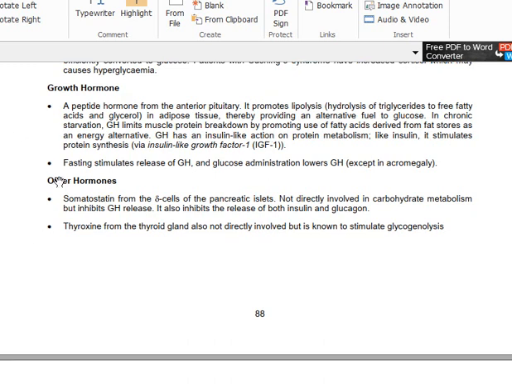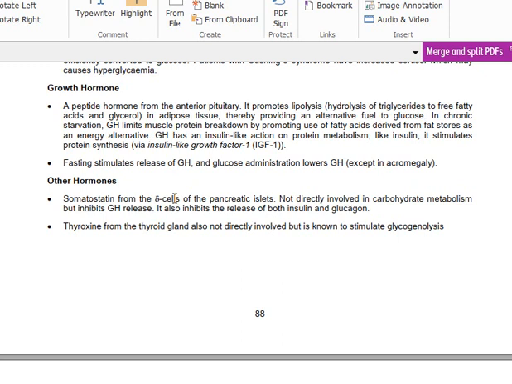Now, the other hormone involved with the glucose cycle is somatostatin, produced from the delta cells of the pancreatic islet. Is it clear? It's not directly involved with metabolism. It inhibits growth hormone release, and it also inhibits the release of insulin and glucagon. That's the role of somatostatin.